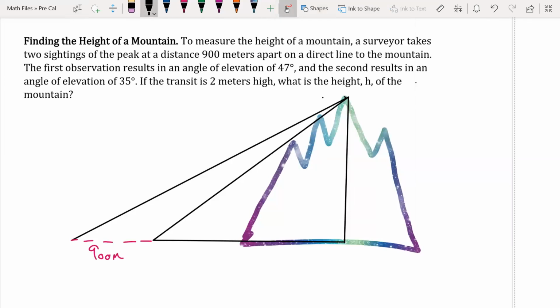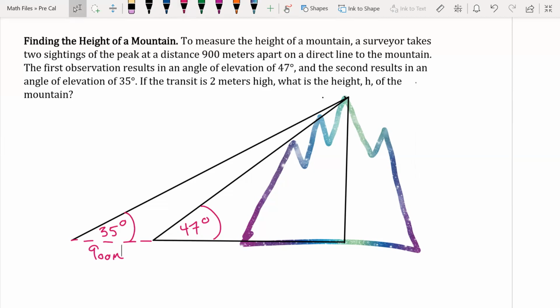Okay. So labeling everything else, it says that the first observation results in an angle of elevation of 47 degrees. So remember, angle of elevation means we're looking up. So this is the first sighting at 47 degrees. And then the surveyor walks 900 meters apart to get the second sighting, which is at 35 degrees.